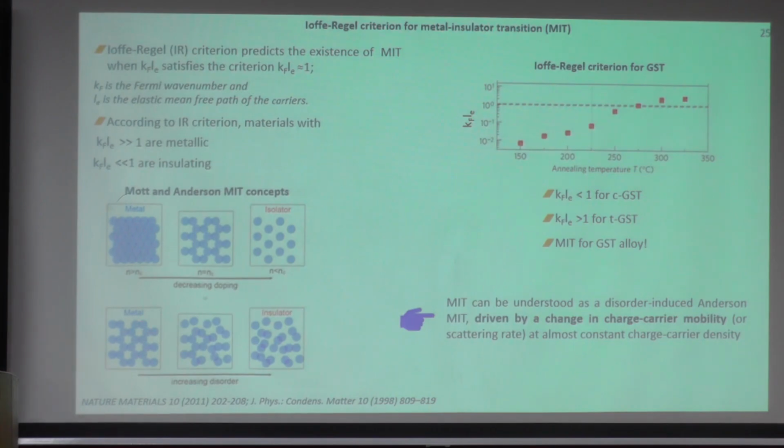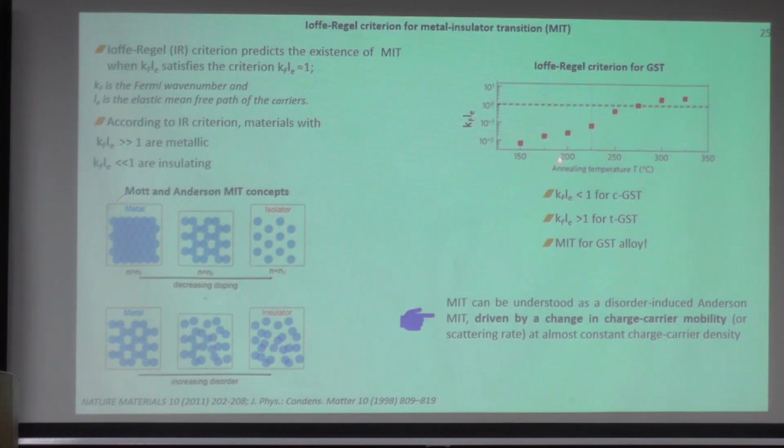In the case of phase change materials, it can also be measured. It was published in this publication, and the authors found that if you increase the temperature in the crystalline phase, from cubic, going through several transitions in the crystalline phase to the stable trigonal phase, we see the change of k_F·λ_E from a small value, less than 1, to a value much larger than 1.